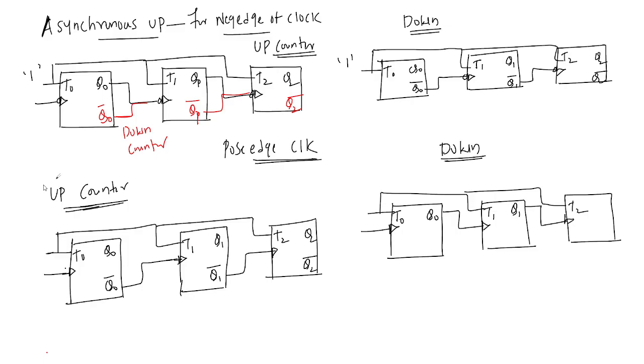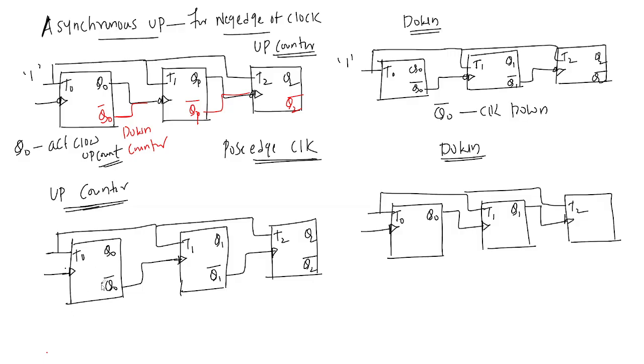So for the negative edge of clock, if Q0 acts as the clock, it is an up counter. And for the negative edge of clock, if Q0 bar, Q1 bar act as the clock, this is a down counter.